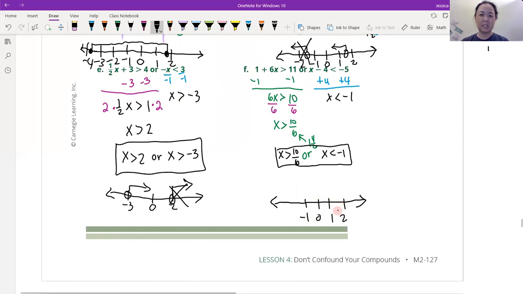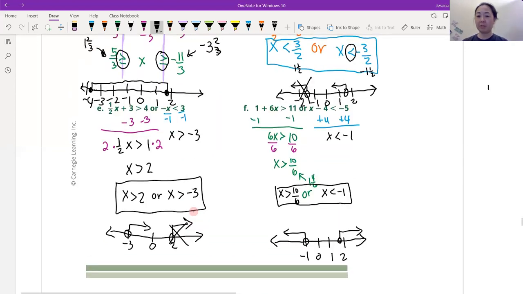Oh, that spacing is a little off, sorry. So here's that -1. It says x is less than -1, so there we go, less than -1. Or remember, 10 over 6 is 1 4/6, so it's going to be closer to 2. That's an open circle, by the way, and it's going to look like this. Or, all right.